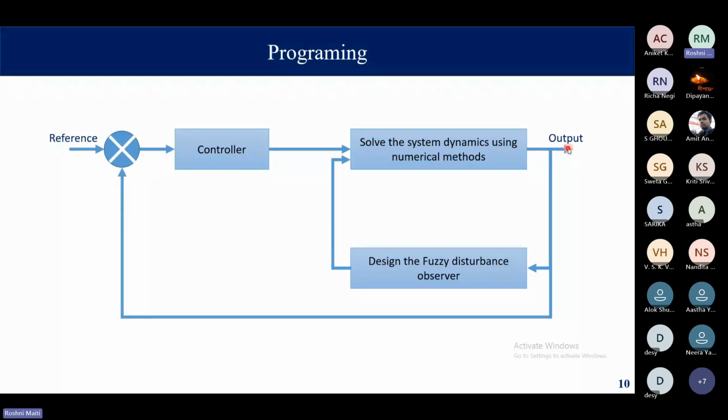That output contains external disturbances, uncertainties, unmodeled dynamics, all those things are included in my system, in my output. Therefore, that output is at first given to a fuzzy disturbance observer, where we have to design this fuzzy disturbance observer by using fuzzy logic.